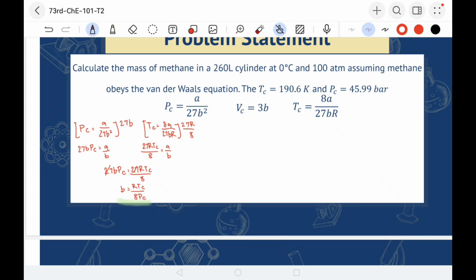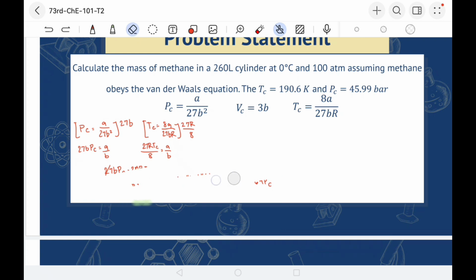So let us use PC. So 27b squared PC is equal to a, so a equals 27R squared TC squared over 64 PC squared times PC, which will be equal to 27R squared TC squared over 64 PC.